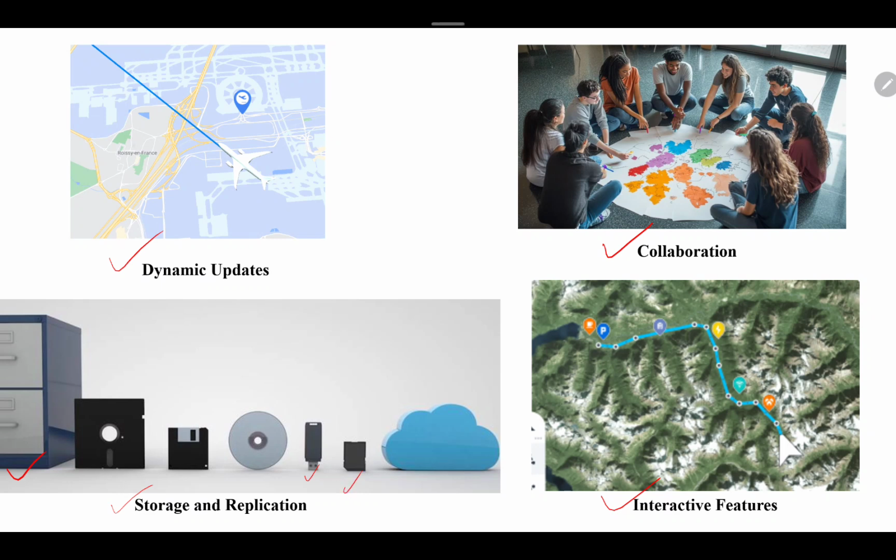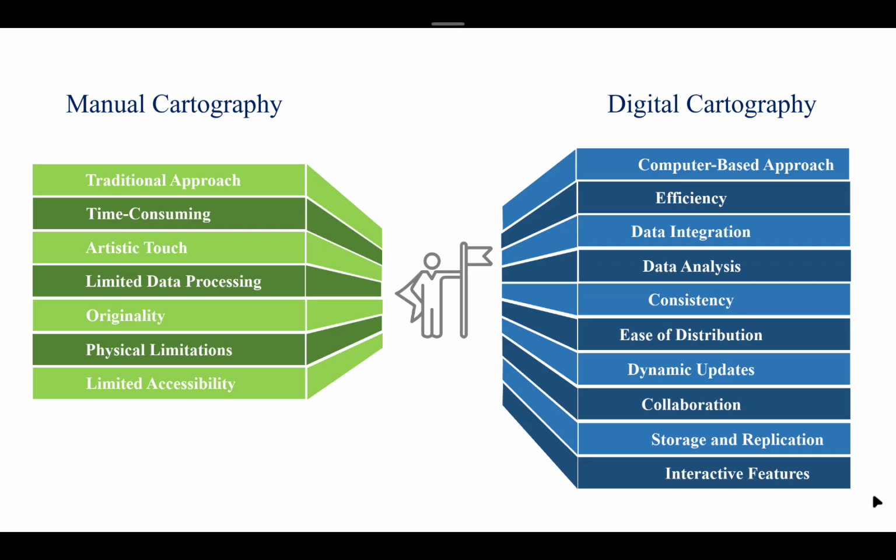And now there's something new that is called the cloud, right? So we can save our data very easily. We can store multiple maps, a lot of information, a lot of data on the cloud or any other electronic means. So basically this was the differentiation between manual cartography and digital cartography.